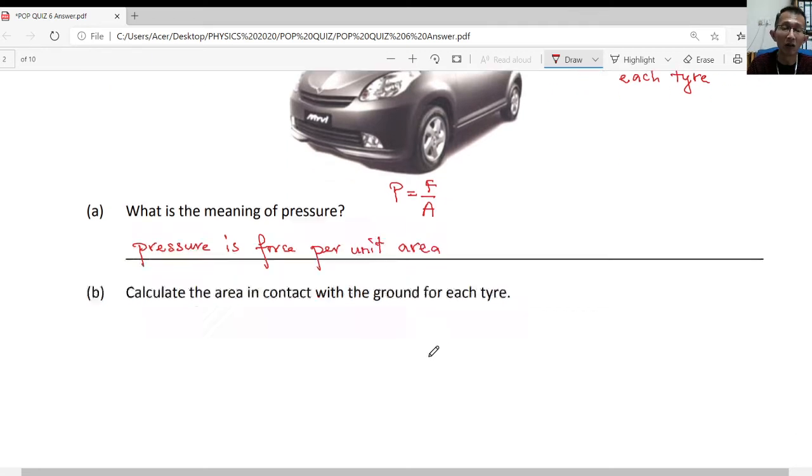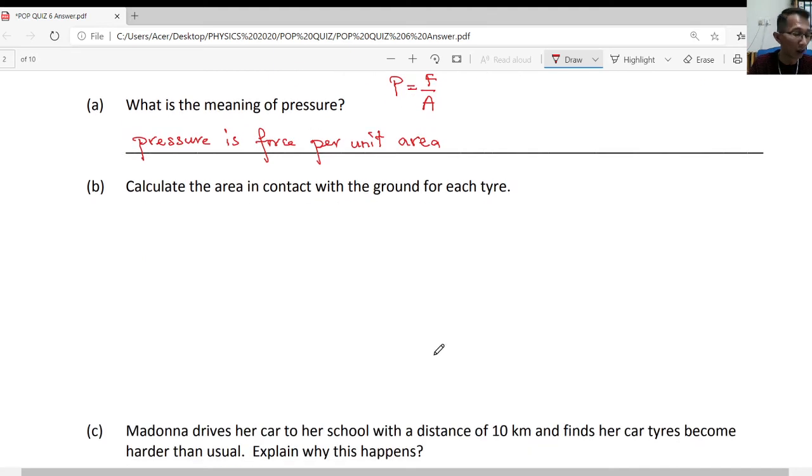All right, so let's continue with the working here. The weight of the car equals mg. M is 900 kilogram, g is 10, so I have 9,000 Newton.